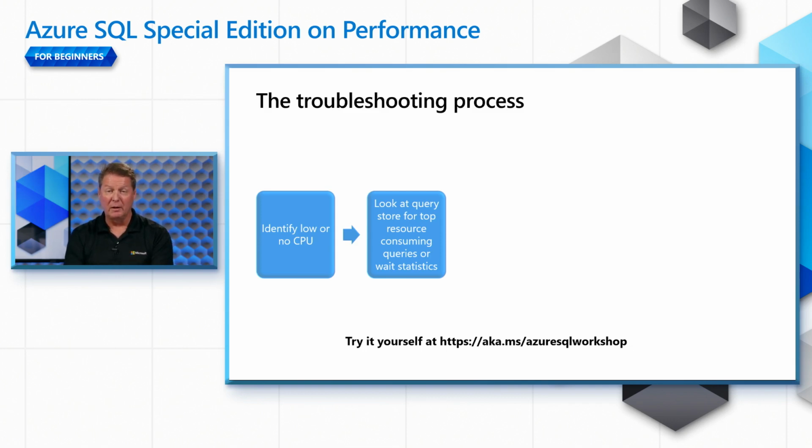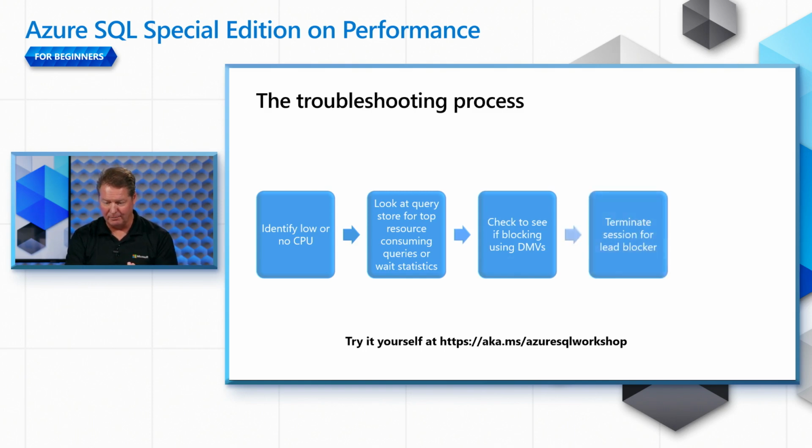It could be, by the way, that there are no queries related to your workload involved, which could be an indication of a blocking problem. Now, this is where we'll probably use these DMVs. We'll use DMVs to see, do we have a blocking problem? What are the queries, sessions, or requests involved? What kind of blocking does it look like? If you want immediate relief from one of these blocking problems, if it's persisted, we'll show you a technique on how to terminate the session for what we call the lead blocker.